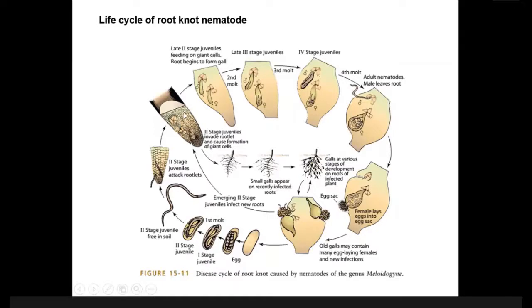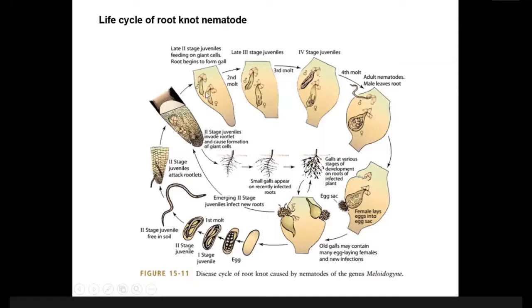After that, they take water and nutrients from the vascular bundle of the root of the plant. Okay, so they uptake food and they become larger in size because of feeding. You can see here, the second stage juvenile in the later stage is uptaking water and nutrients over there.